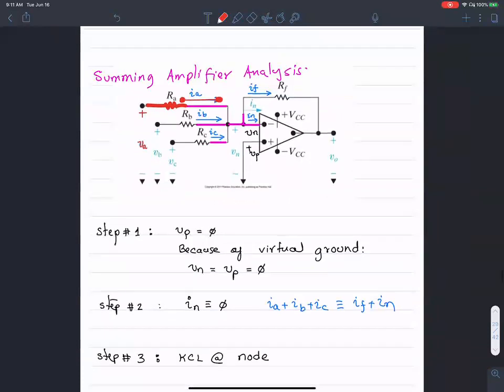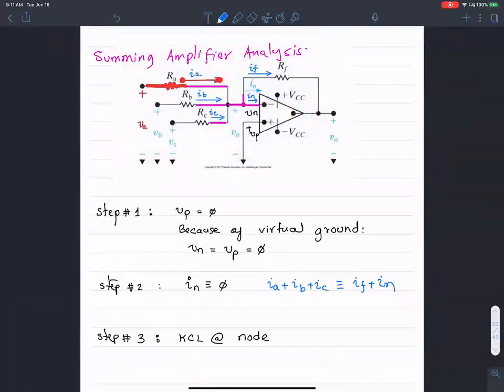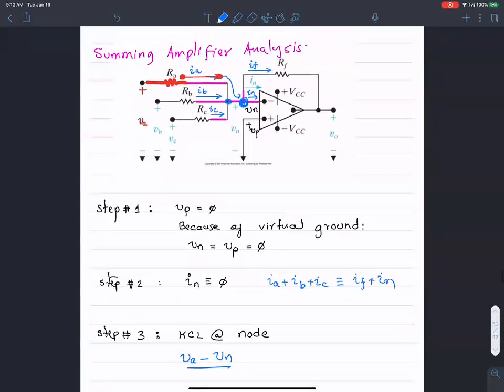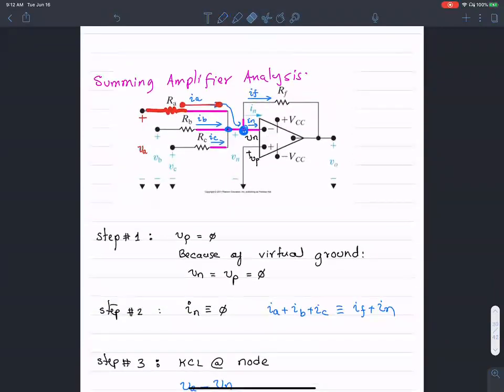So IA is going to be VA minus the voltage on this node, which is the same as this node, all of that is VN, over RA. That's the current IA.